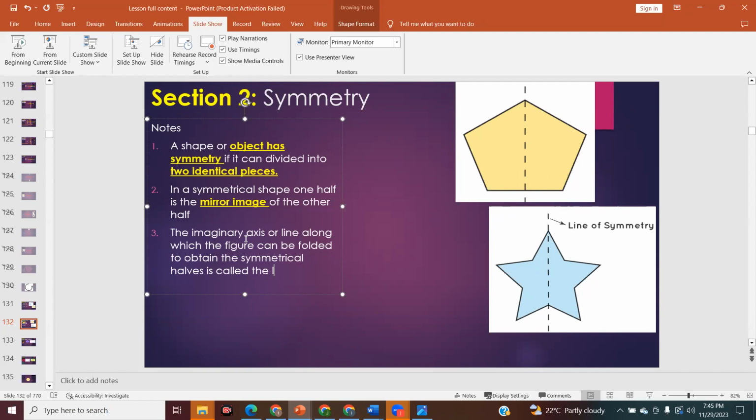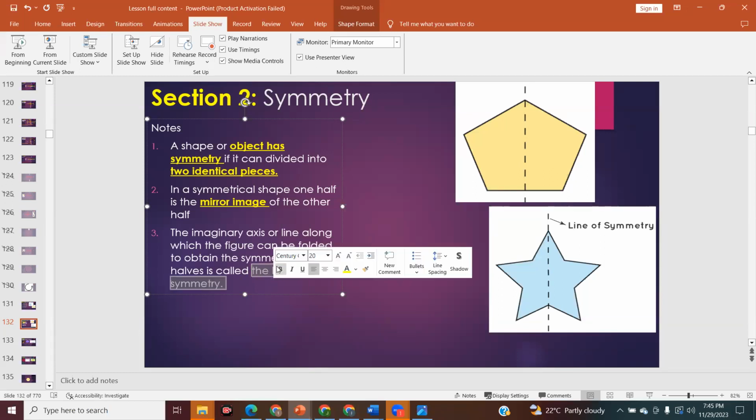The line of symmetry. So this line that does the dividing, this line that separates the shape into two identical parts, is what we call the line of symmetry. So if they ask you to draw the line of symmetry, you know exactly what they're talking about, right?